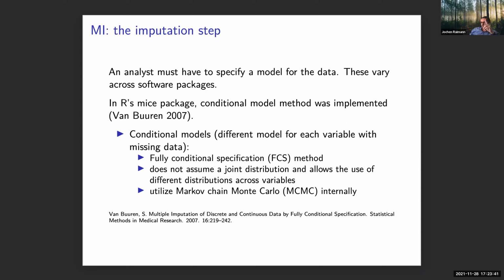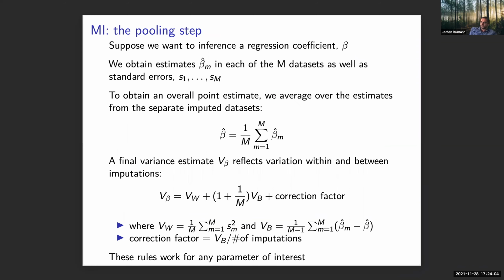It does not assume a joint distribution and allows the use of separate, different distributions across variables. And you will utilize Markov chain Monte Carlo simulations to get these multiple data sets and analyses, which you will then use to pool.